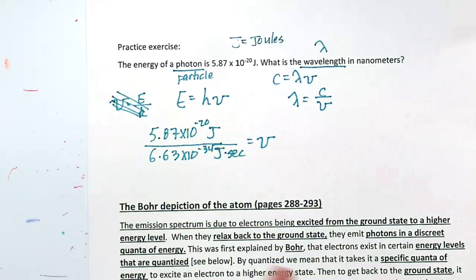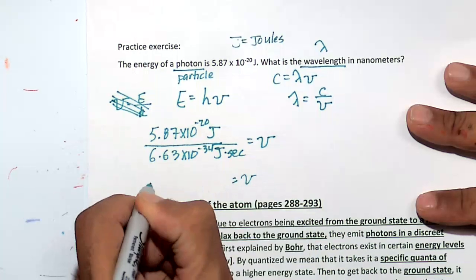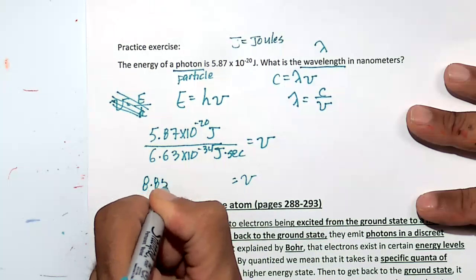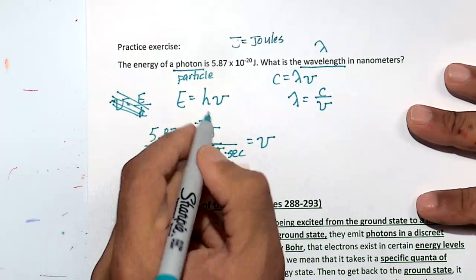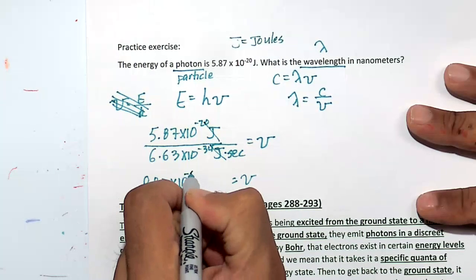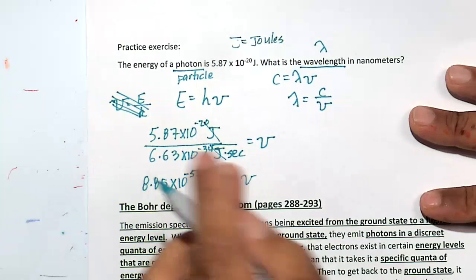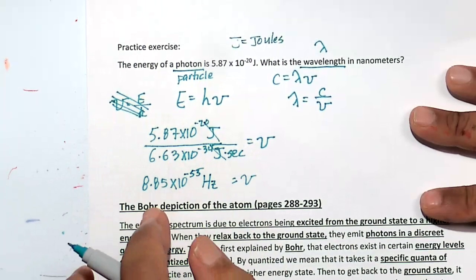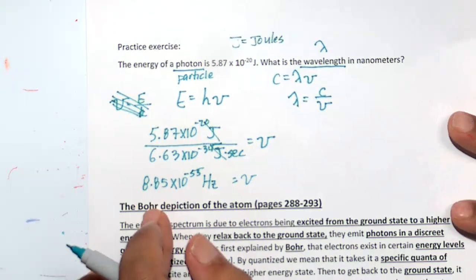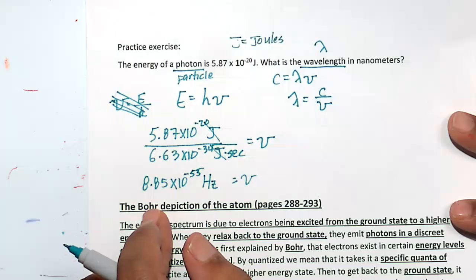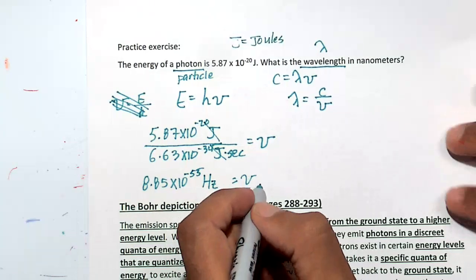So I got 8.85 times 10 to the negative 55 hertz. Okay, that's 1 over second. All right, so this over this is 8.85 times 10 to the minus 55 hertz. Okay, that's our v.